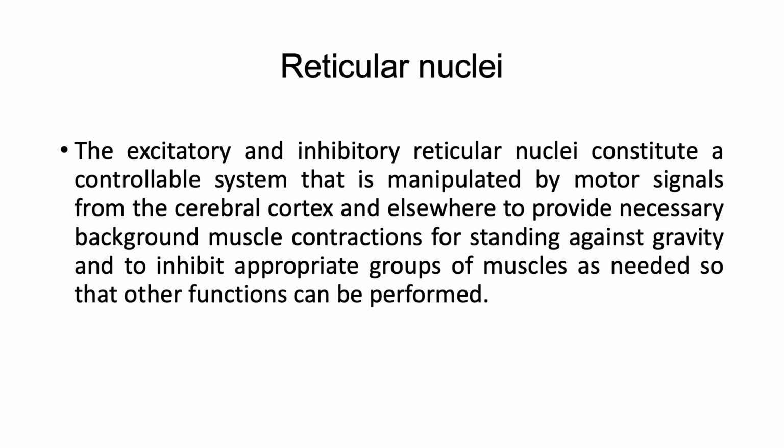So together, the excitatory signals from the pontine reticular nuclei and the inhibitory signals from the medullary reticular nuclei form a very controllable system to maintain an appropriate degree of contraction in these axial muscles, the anti-gravity muscles, that is different according to different situations. It can be modulated to different needs in the body.